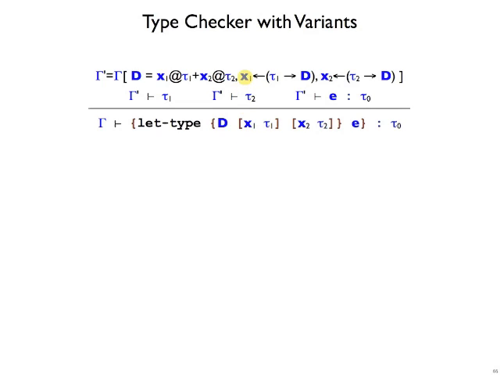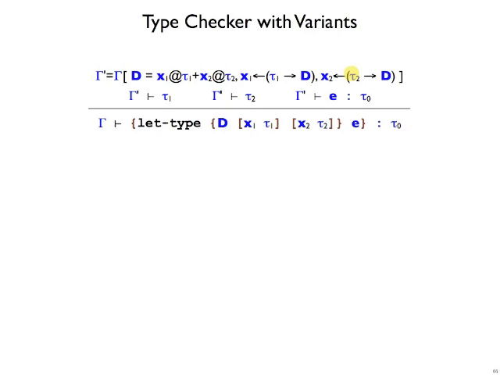So we bind in the type environment the information that x1 itself has type tau1 arrow D. That is, you can use it like a function: give it a tau1, the type of the field, and what you get back is a value of type D. There's a little bit of redundancy here in that the same information is implicit over there, but it's just easiest to repeat it in the type environment. Same for x2, it takes a tau2 and gives you back a D.